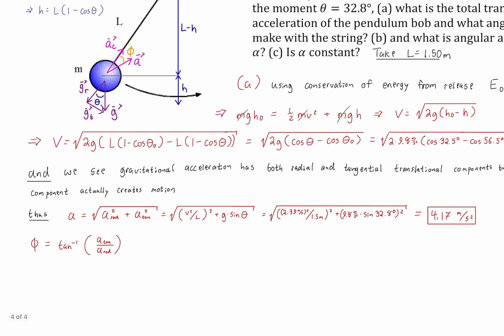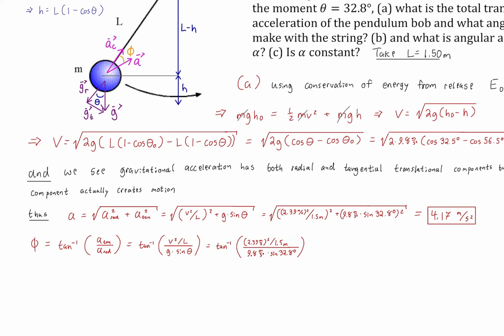If we want to find the value phi, then we're just going to do exactly what we did before. We'll take opposite over adjacent using inverse tangent and plug in our values for tangential and radial. Oh, it looks like I swapped them. It's a typo.